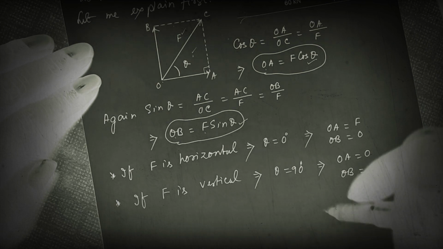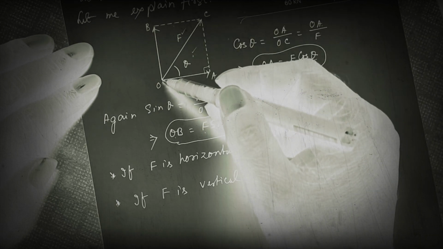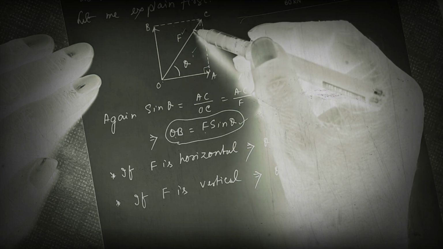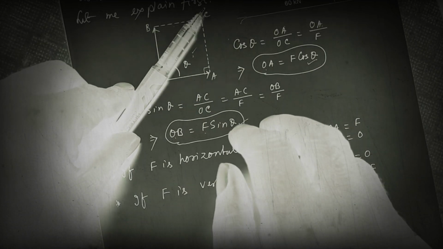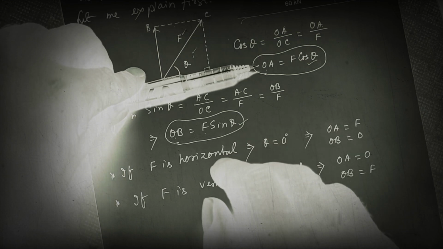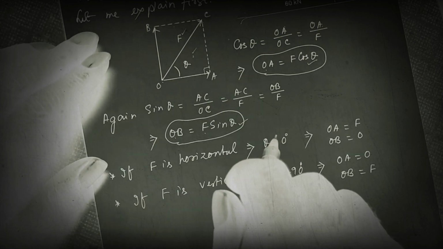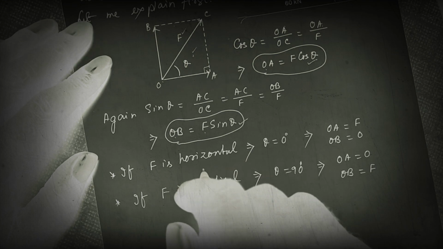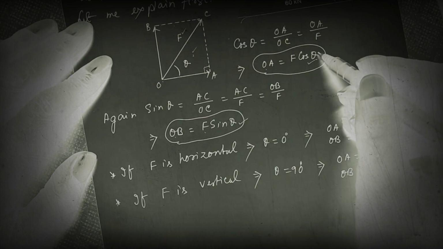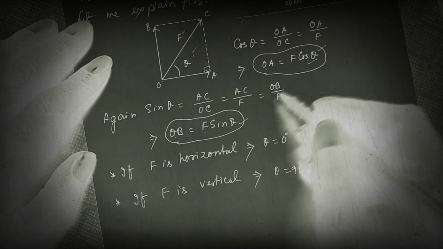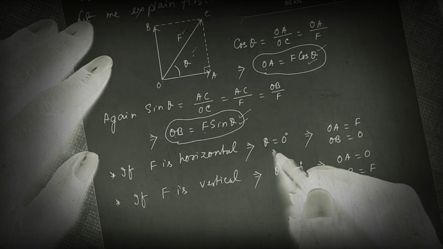Now the question is, suppose this force F is not pointing this way and this force is horizontal, means this F is along x-axis, then your theta will be 0. So if theta is equal to 0 when the force F is horizontal, then what will be the value of F cos theta and F sin theta? That is what I have explained here.